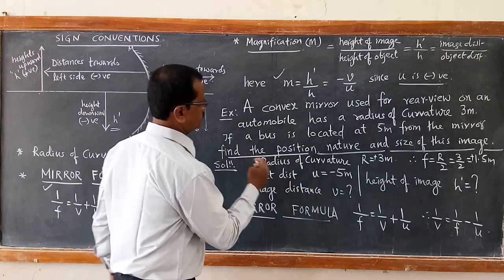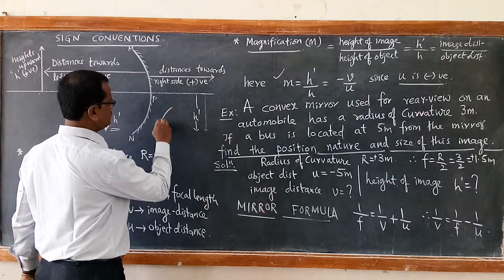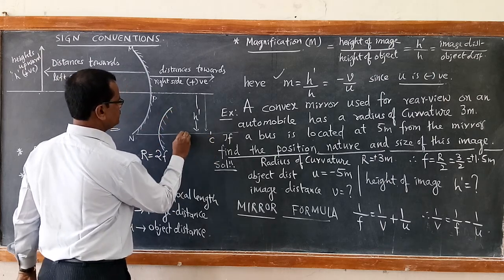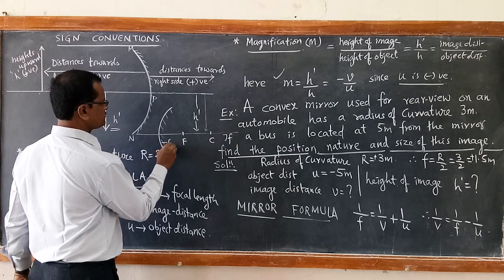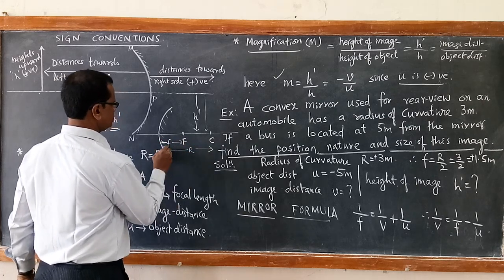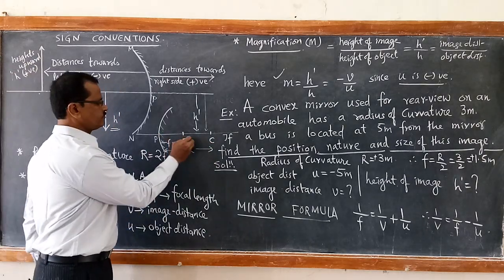So the focal length as well as the radius of curvature are both positive in case of a convex mirror. It is like this. If this is a convex mirror, and this is the focus, this becomes the focal length and this is the radius of curvature. PC gives you the radius of curvature, PF gives you the focal length.